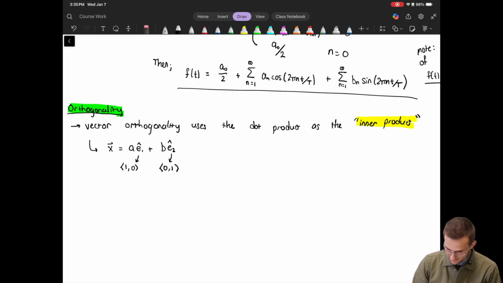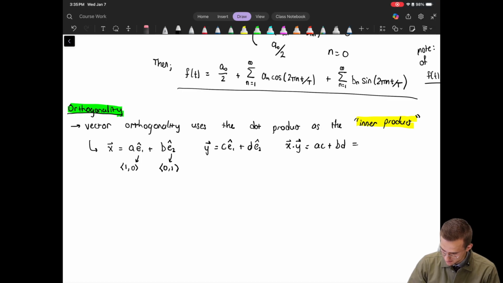Let's say that y is equal to c e1 plus d e2, right? Well, x dot y is equal to ac plus bd, and if that is equal to 0, then x is perpendicular to y, right?